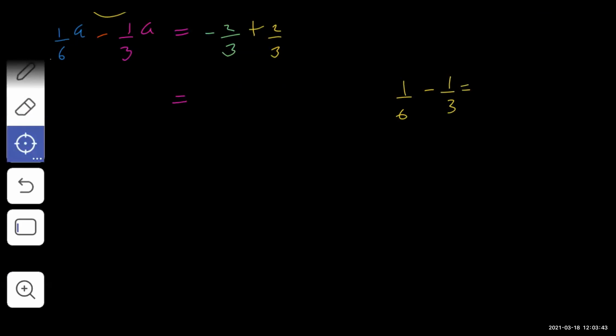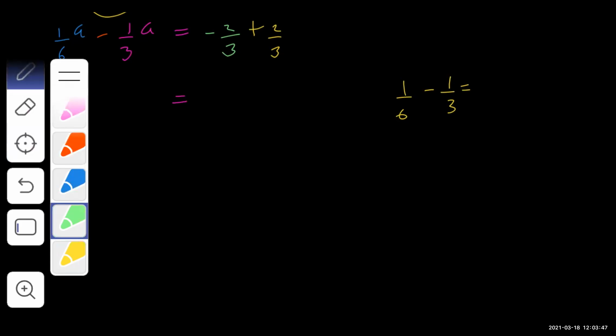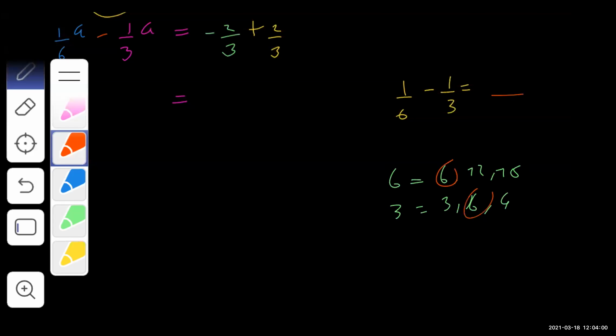How do we do this? We have different denominators, so let's find the least common multiple. What is the least common multiple of 6 and 3? It's 6. Okay, let's put 6.